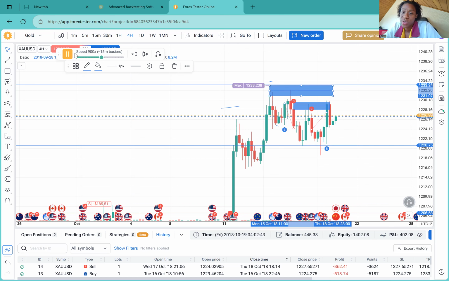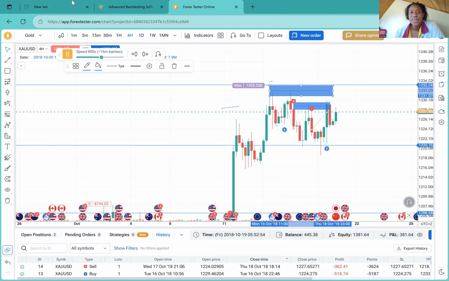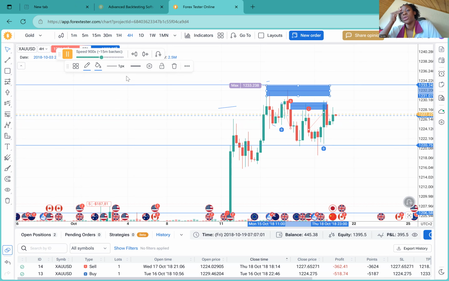That's a strategy as well that I'm going to show you about trading in ranges. Ideally, it's not a good idea to trade ranges.